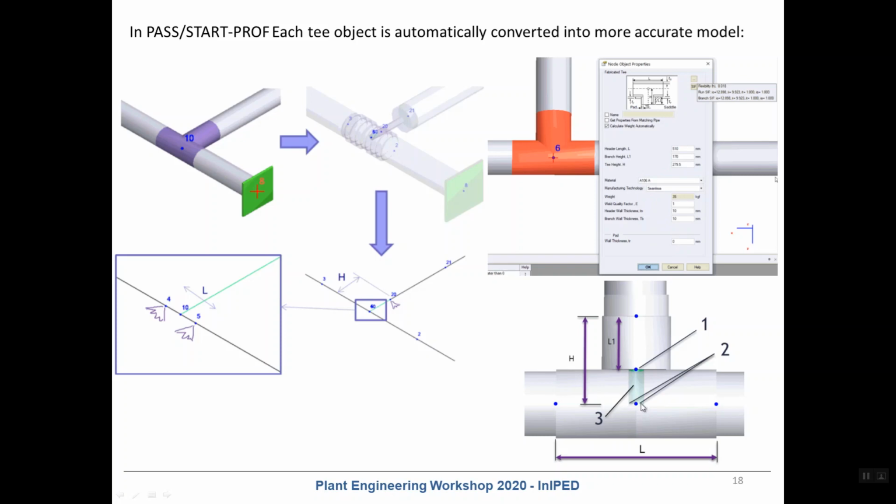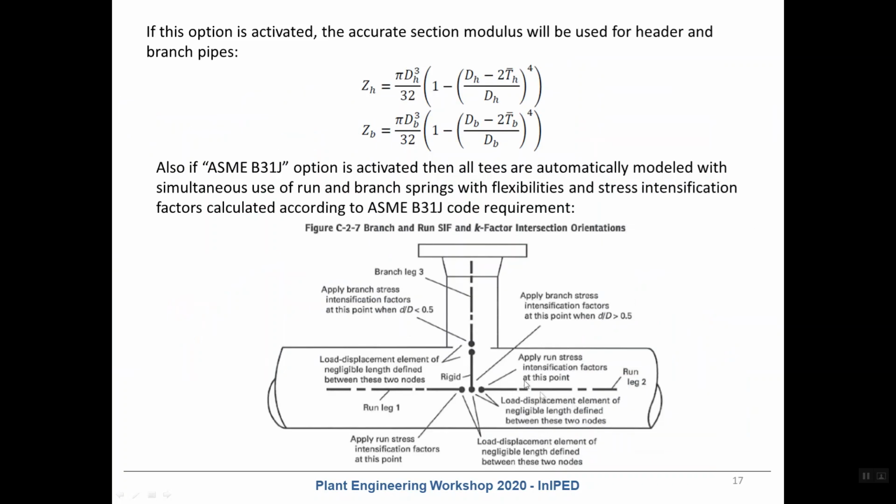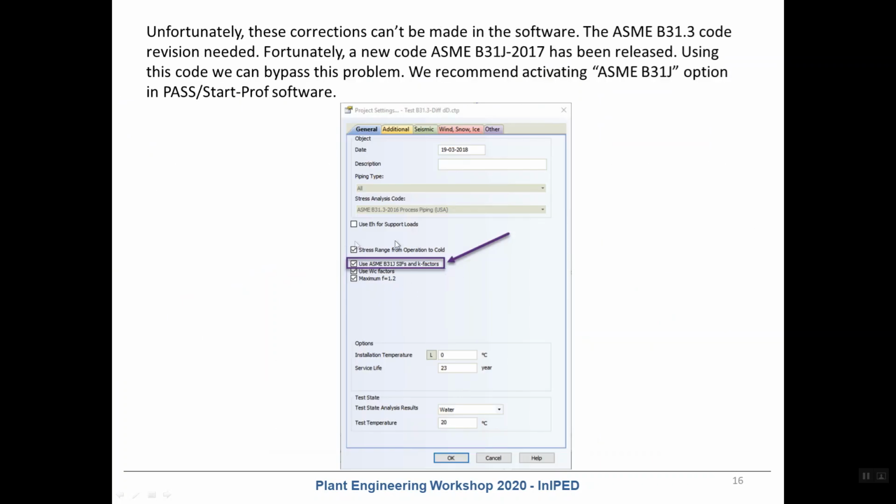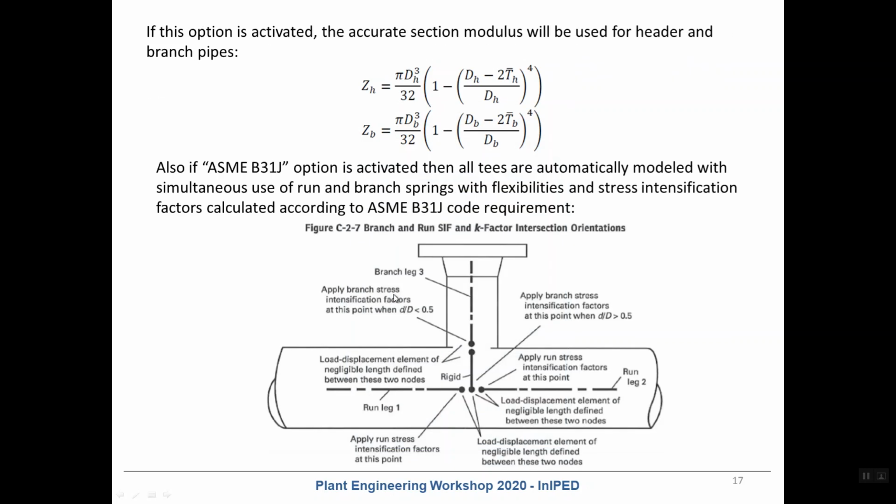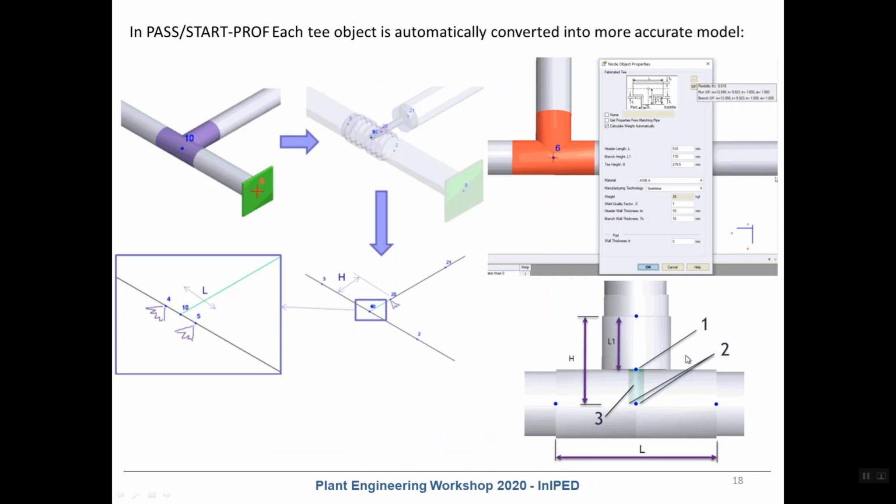But even if you do not select this option, if you do not select ASME B31J, StarProf will continue modeling the T's using the rigid element, because it is important to exclude the unnecessary flexibility of the branch from the model.